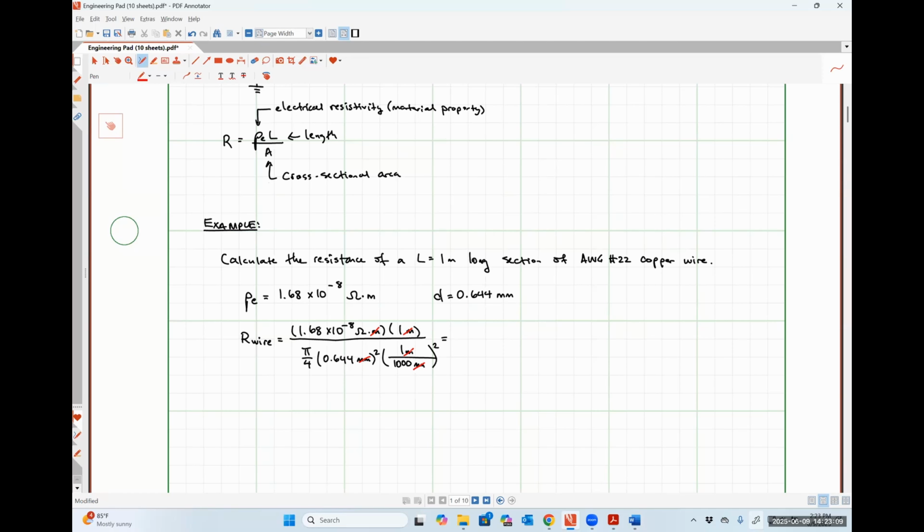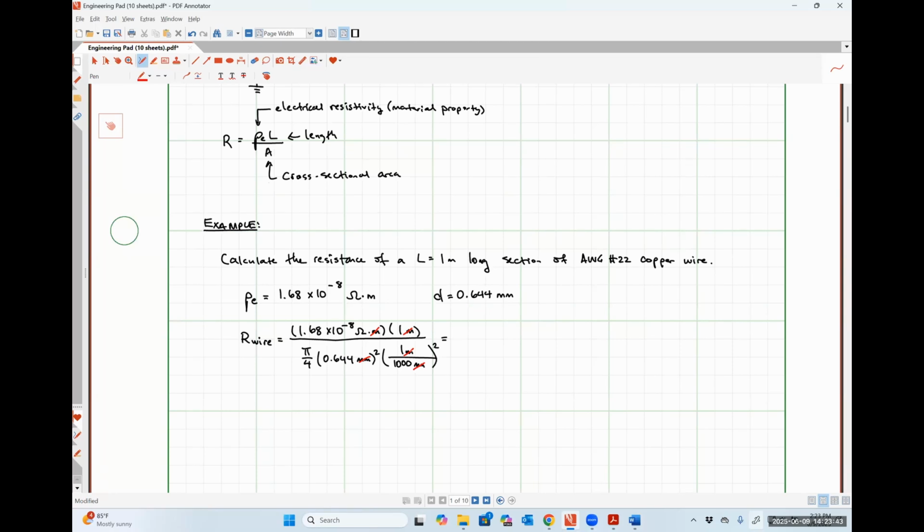So when I throw this into my calculator, and I'm going to do that real quickly here, 1.68 times 10 to the minus 8 times 1 divided by, let's see, pi over 4 times 0.644 squared times 1 over 1,000 squared.